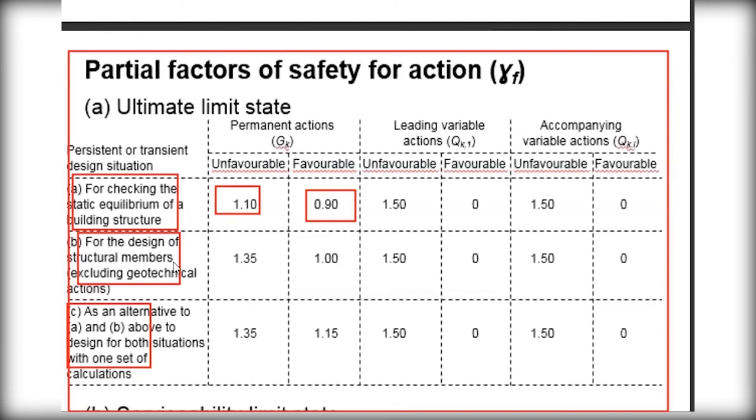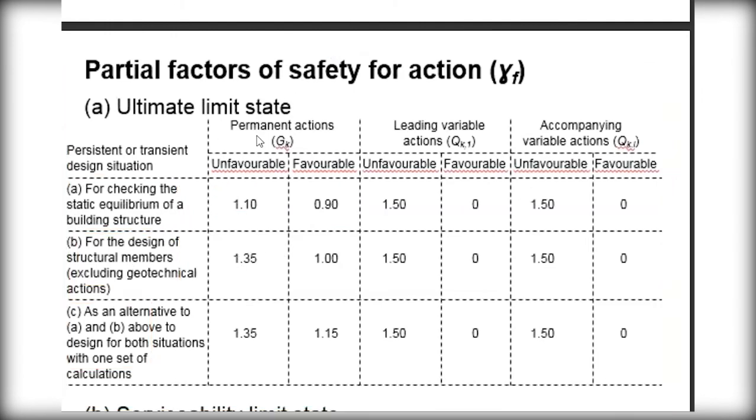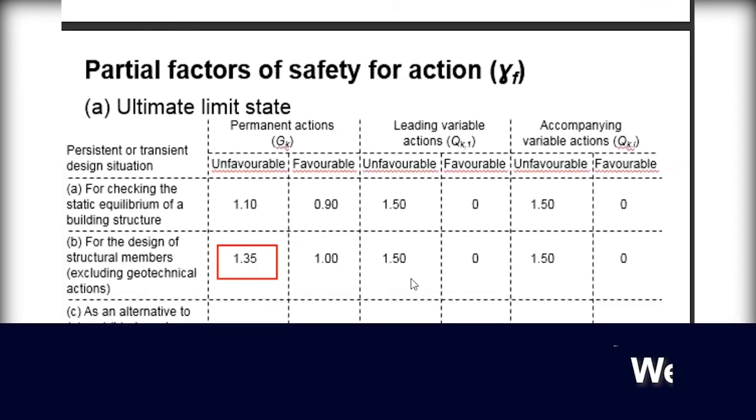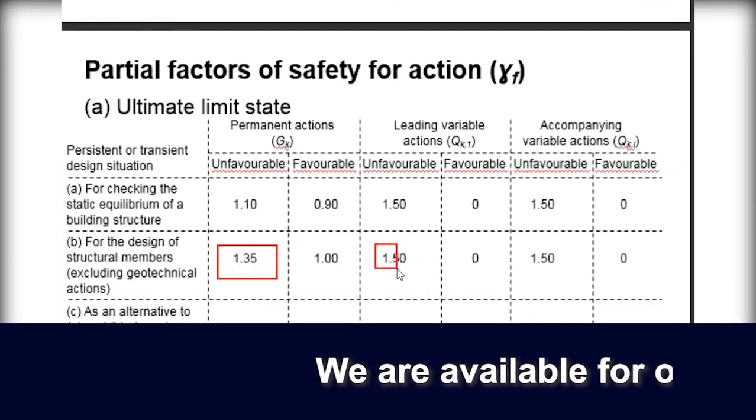So generally, if we consider the unfavorable, it is 1.35. This is per Eurocode, while for the BS we estimate about 1.4. The same applies for the live load.